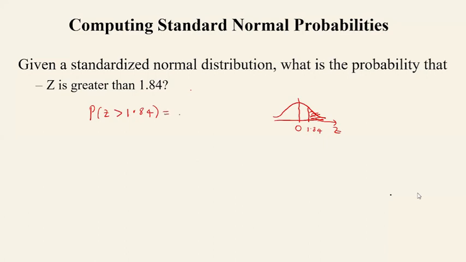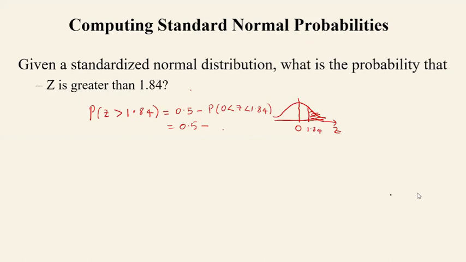This one is equal to, we know that this total probability is 0.5. So 0.5 minus the probability of 0 less than z less than 1.84. Right? If we deduct this probability from 0.5, then you can get the value. So from the table, 0 to 1.84, what is the probability?